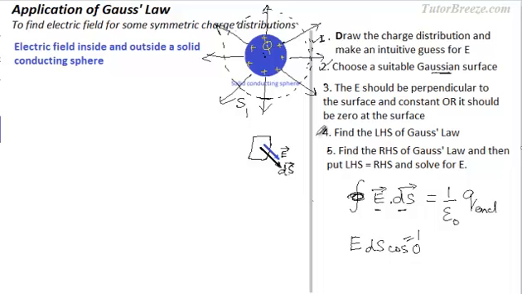Now step 4 is to find the left hand side of Gauss's law, which means the total electric flux. The total flux phi through the Gaussian surface S1 is equal to, we'll put E outside the integral sign since it's a constant, and integrating over the total surface area, which is adding up all these small elements which make up the area, gives us the total area of the sphere, which is 4 pi r square.